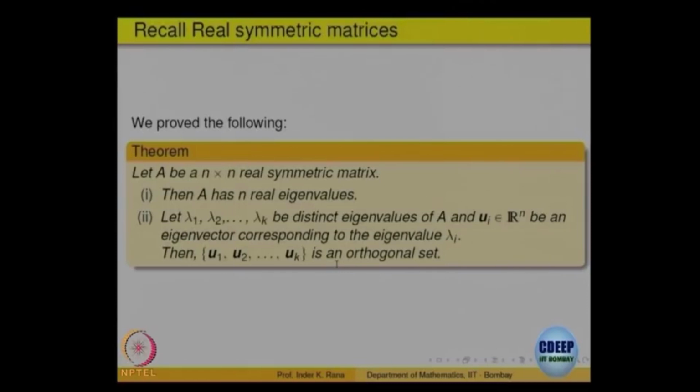So, because it has already got n eigenvalues, there will be n eigenvectors, and we already know that because they are orthogonal, they are also linearly independent.